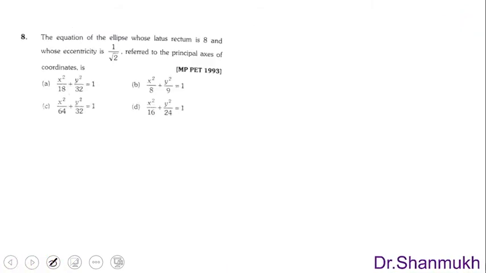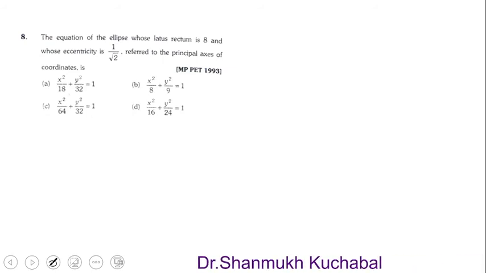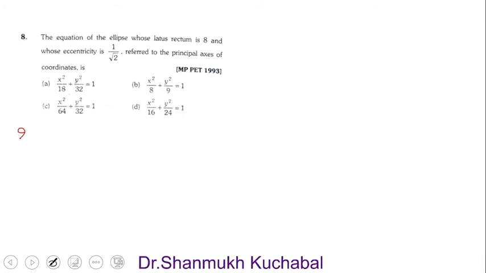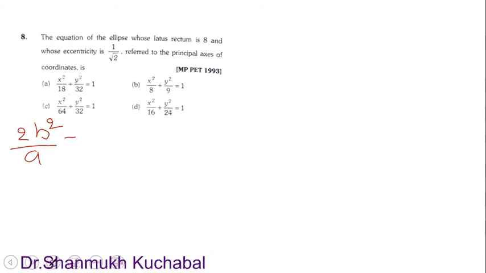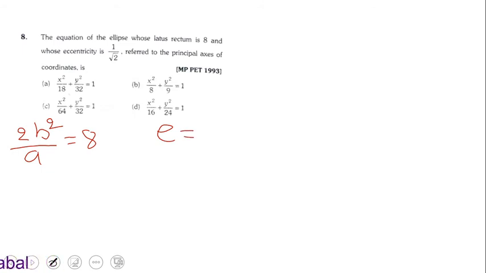The equation of the ellipse whose latus rectum, which is given by the formula 2b square by a, equals 8, and eccentricity, which is denoted by e, is 1 by root 2.